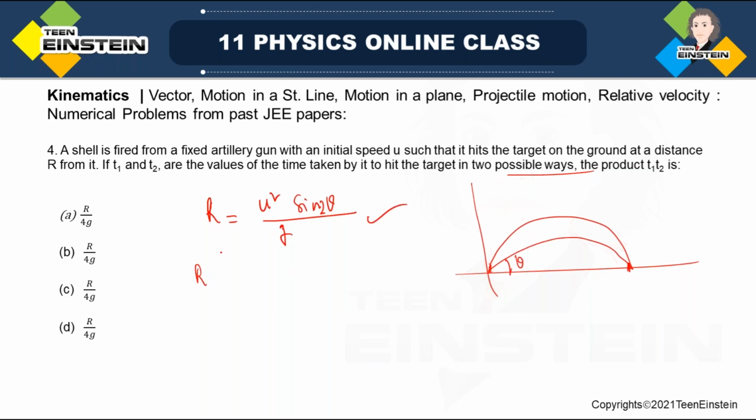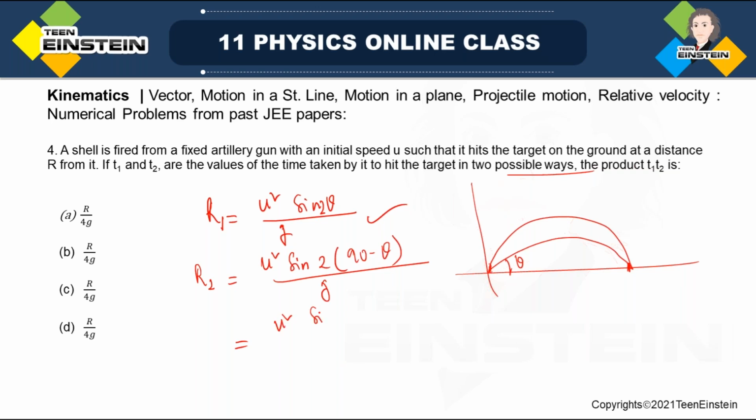Suppose this is r1 and this is r2. Anyway, the velocities are the same from both angles. Sine 2 into 90 minus theta, if I put. So one has to be projected at theta angle, another one at 90 minus theta. Then what will happen?